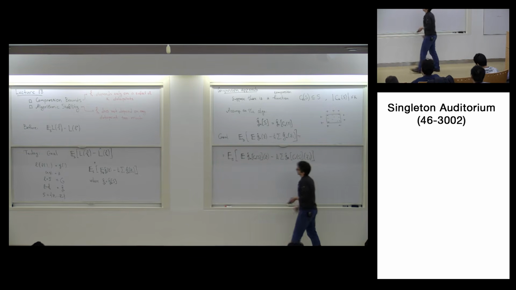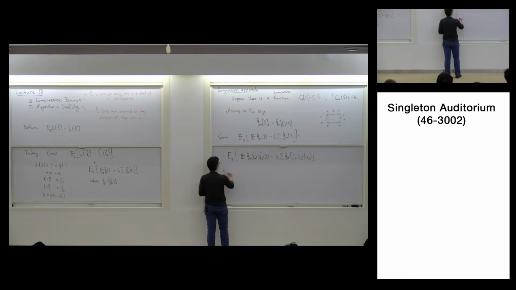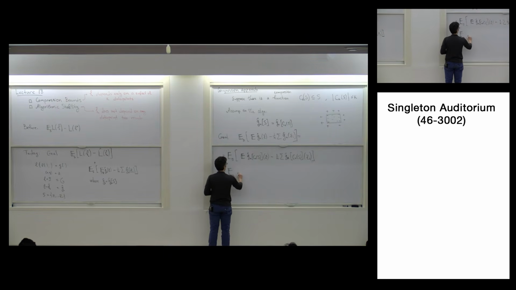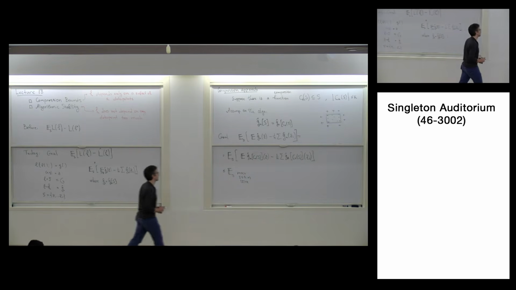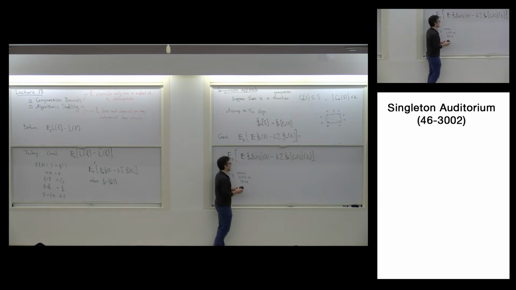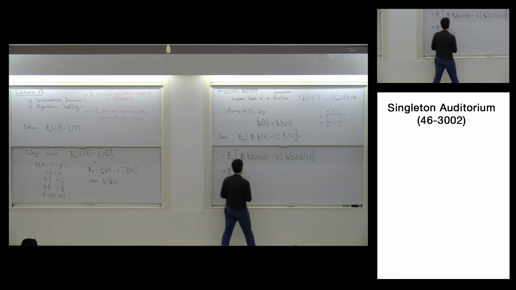And now what I'm going to do is, okay, this is one way of doing this. I'm just going to upper bound this by the expectation over S of the max over subsets I of 1 through n of size less than k, or equal to k if you want to be more precise. Okay, so again, I just want to remove this dependence. I don't want to worry about this dependence.